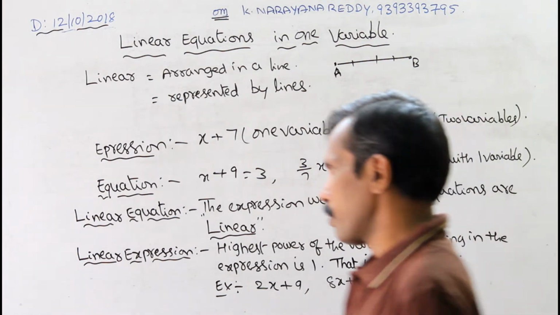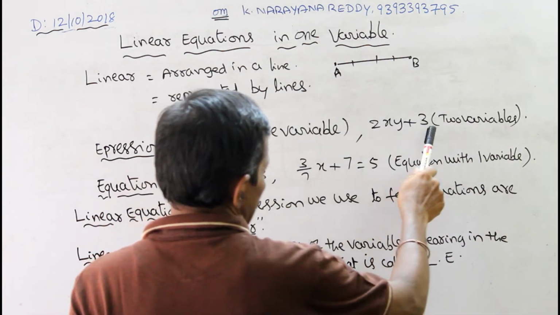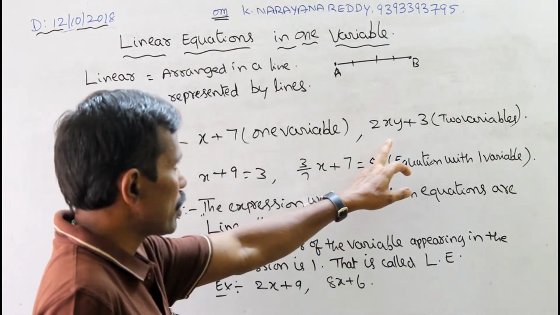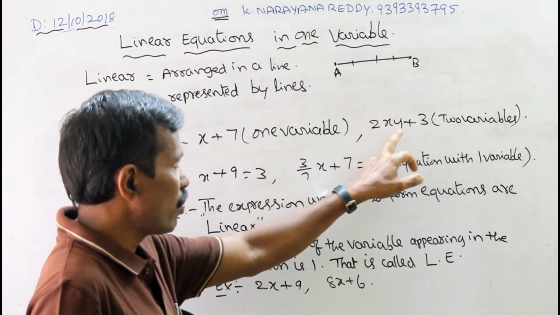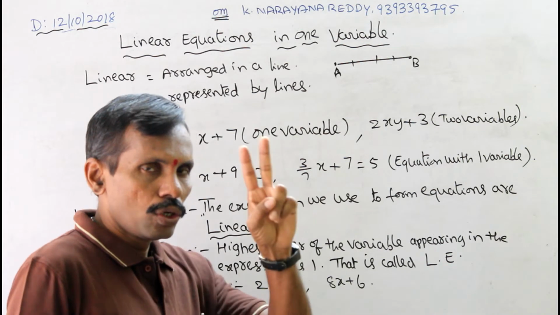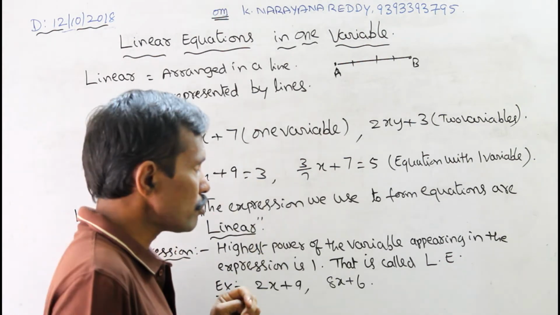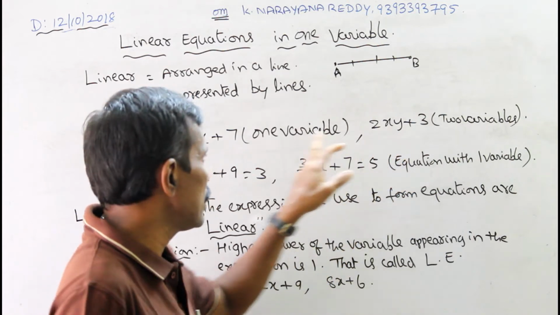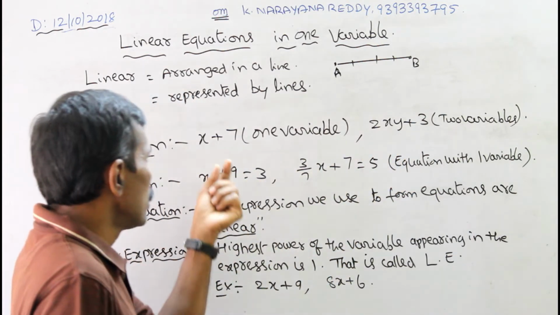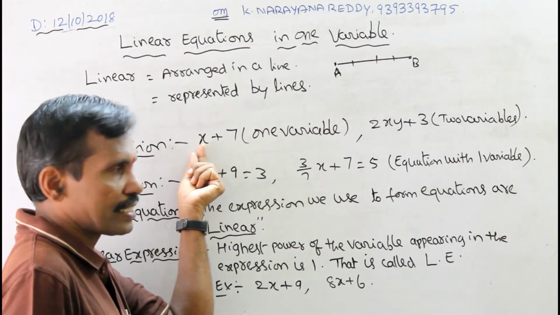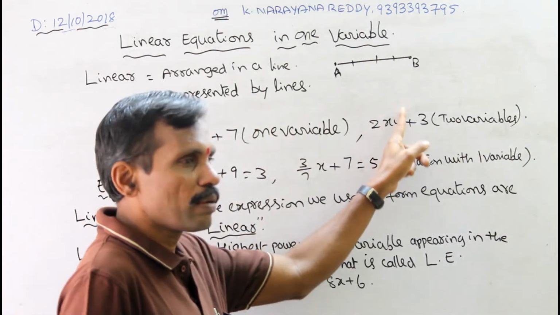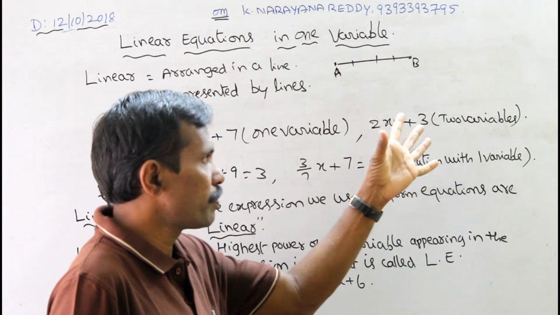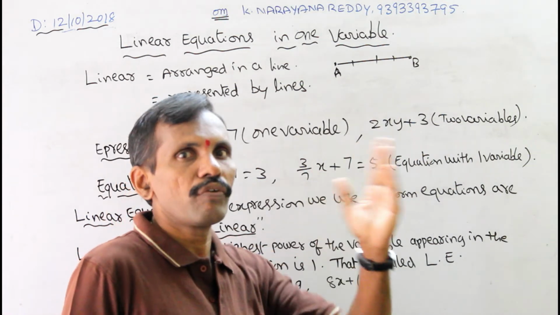Take another expression, 2xy plus 3. Here x and y are variables, that is two variables. This is an expression containing two variables. That is the difference between a two variable expression and a one variable expression.